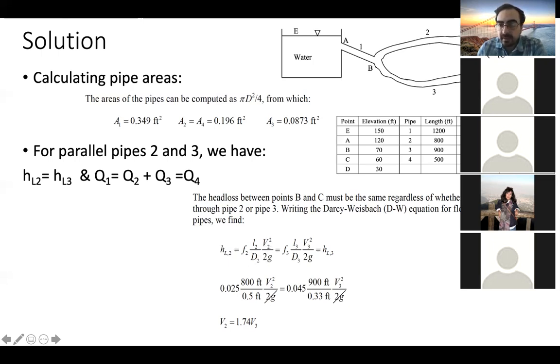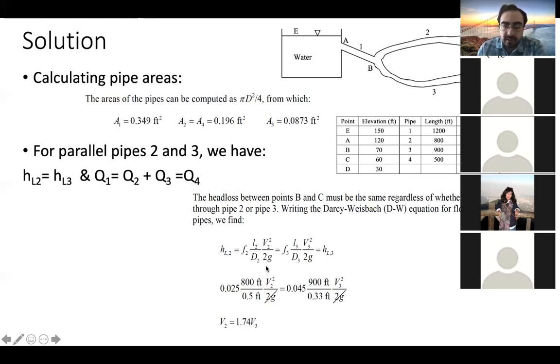The friction factor for pipe 2 is given as 0.025, and the length of pipe 2 is given as 800 foot. So we substitute that here. And D2 is the diameter of pipe 2, which is 6 inch, which would be half a foot.